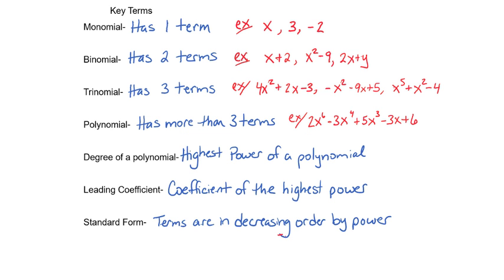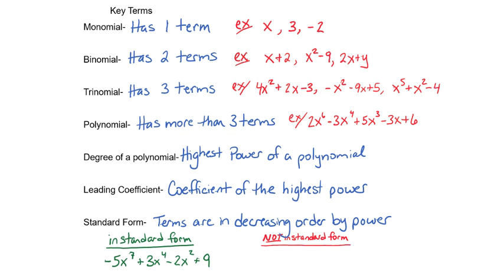Standard form is when the terms are written in decreasing order by their powers, as the example is for our polynomial. So for another example, we can see what it looks like in standard form and what it looks like when it's not in standard form. In standard form, we have -5x to the 7th plus 3x to the 4th minus 2x squared plus 9, and something not in standard form would be 9 plus 3x to the 4th minus 5x to the 7th minus 2x squared.